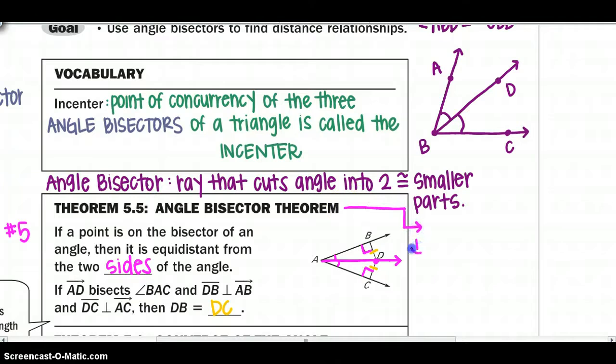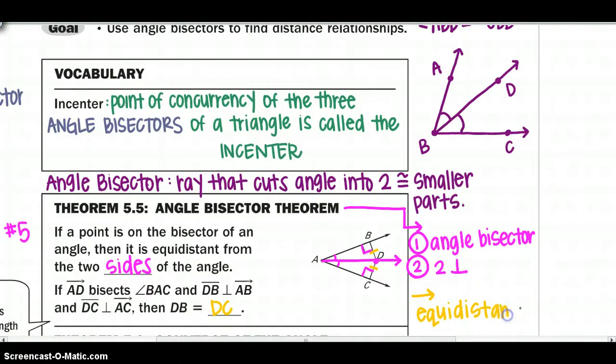I'm looking for one angle bisector. Also, I'm looking for two perpendicular segments. Then I can assume that the point is equidistant. So that is an overview of theorem 5.5.